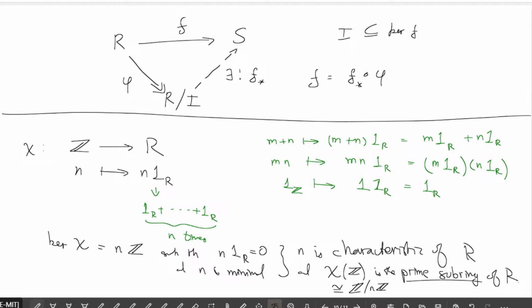The image of chi is isomorphic to Z mod the kernel, Z mod nZ. So when you have a ring of characteristic n, it has a subring, I didn't define subring but you know the definition, isomorphic to Z mod n.